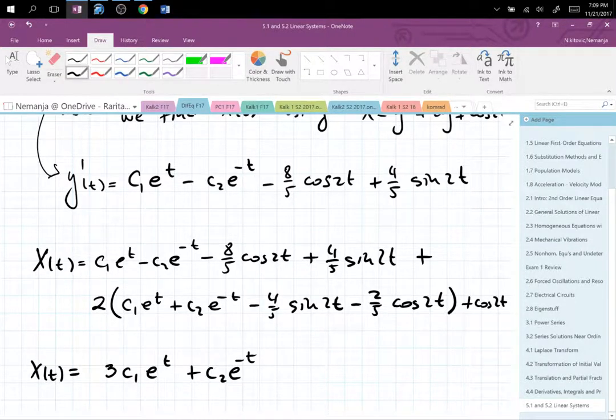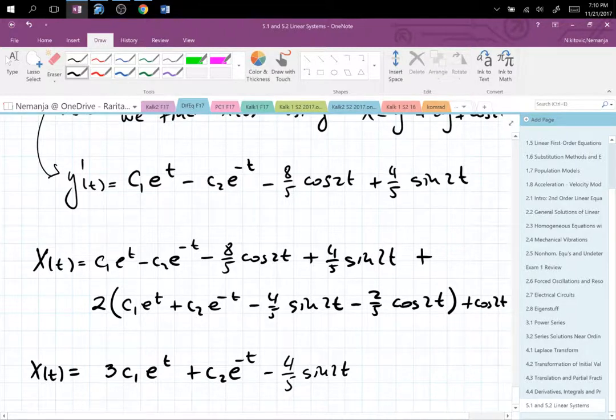Now add the sines together. You have one extra because there are two in front. So one survives. So negative 4/5 sine 2t.